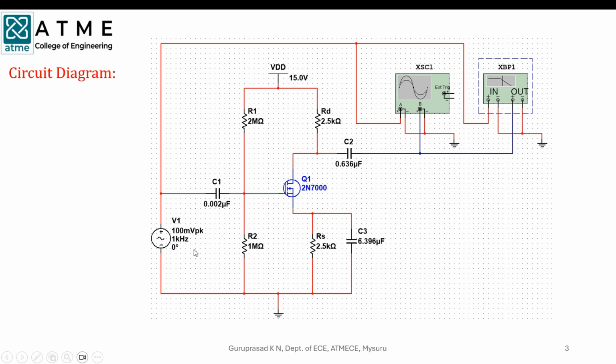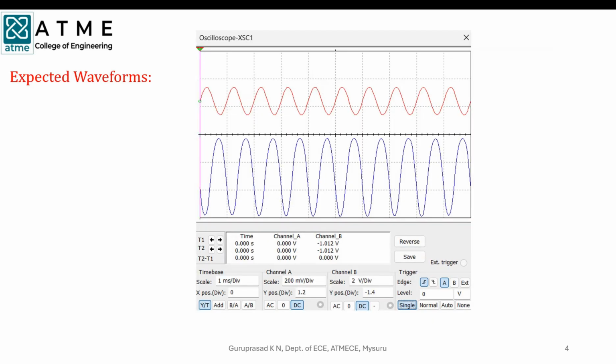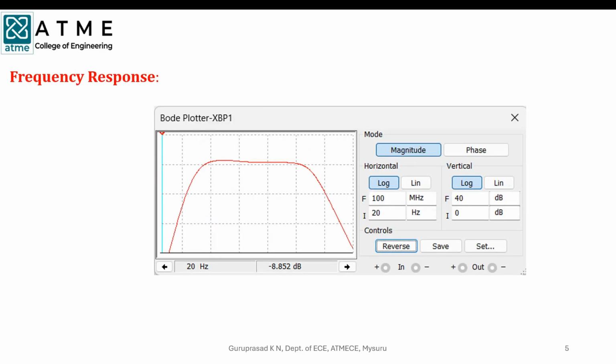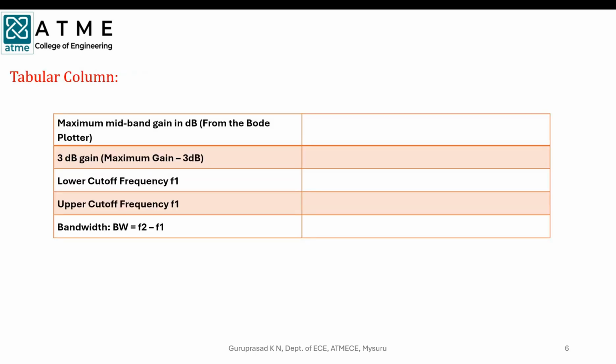And also I have chosen one AC signal source for the input signal and CRO, and to observe the frequency response I have chosen a Bode plotter. So our output and input waveforms will be observed at the end, which will be looking similar to like this, and we will also observe frequency response using Bode plotter, and we will tabulate the readings from the graph.